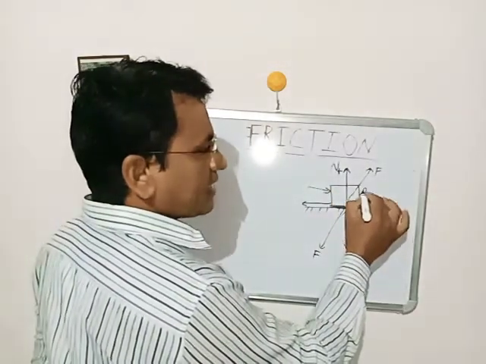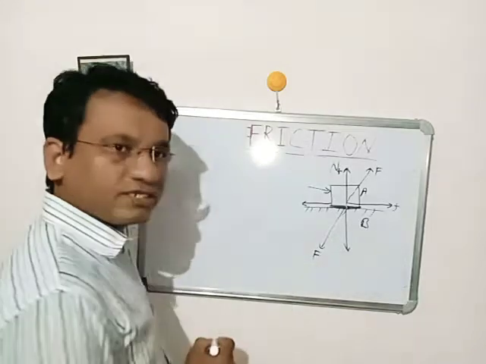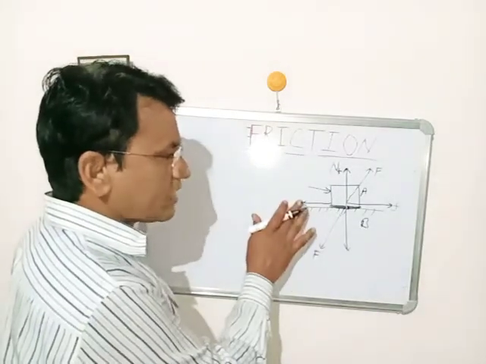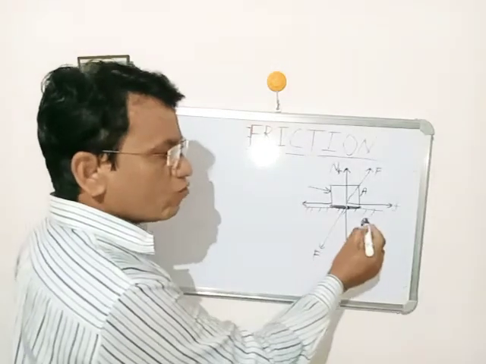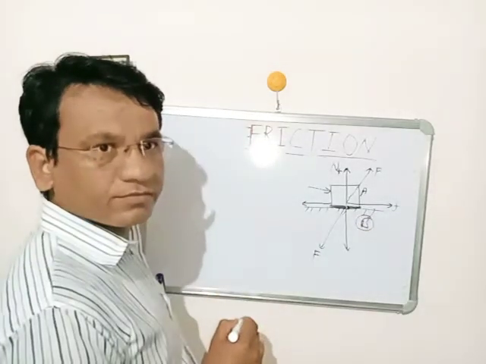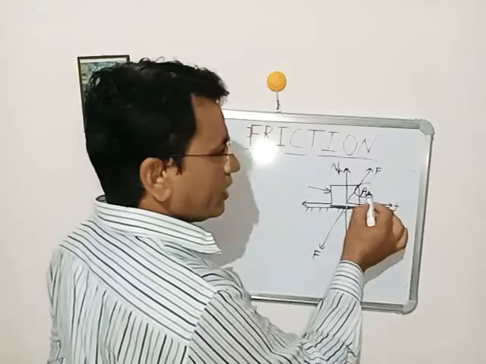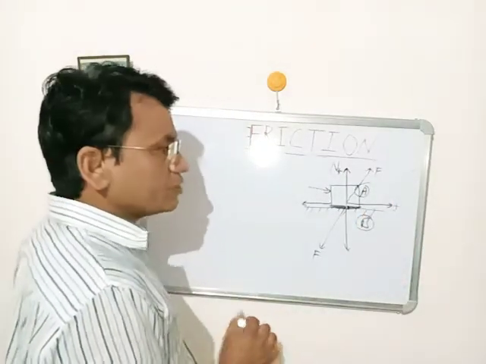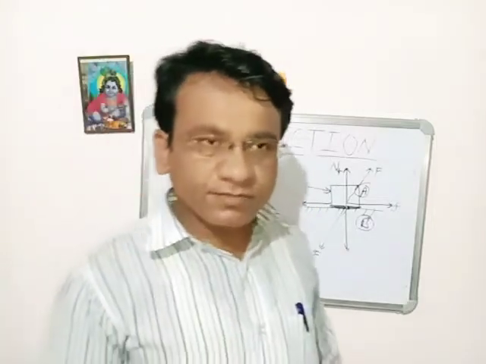Suppose this is body A and this other body is B. So there is the normal force and friction force for body B, and likewise the components for body A. Got it? So they are the two components.